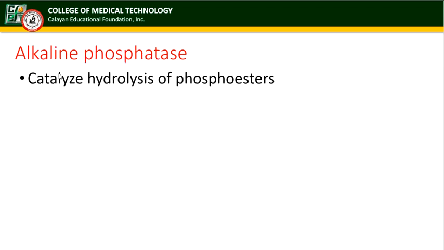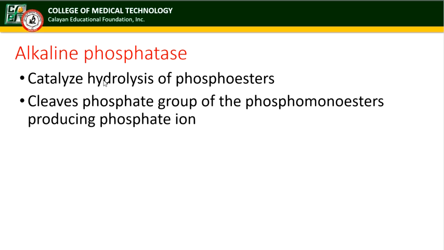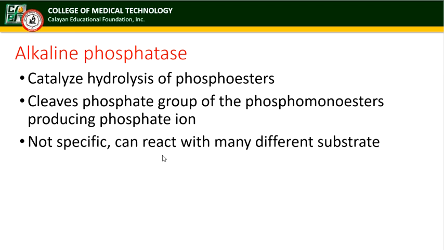Next, alkaline phosphatase. So this catalyzes hydrolysis of phosphoesters, cleaves phosphate group of the phosphomonoesters, producing phosphate ion. So not as specific, can react with many different substrates. So more active in alkaline pH.